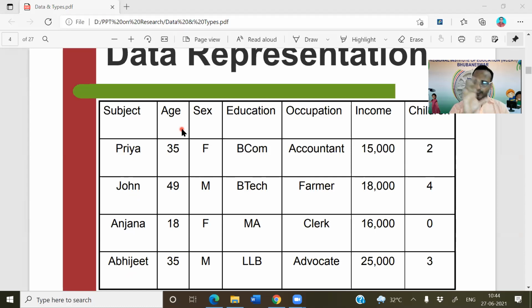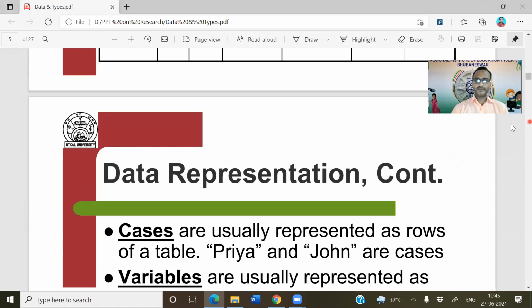In every record you will find columns. Columns represent variables. Remember, columns represent variables, and this is one row, this is one row, this is one row. So rows represent the cases.